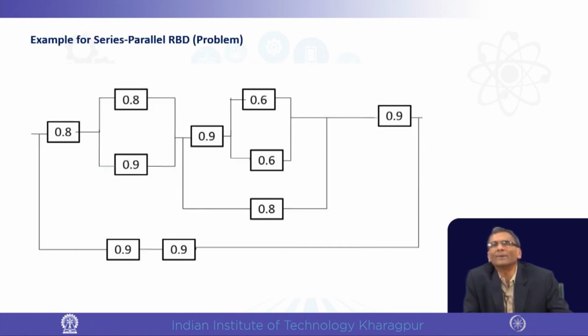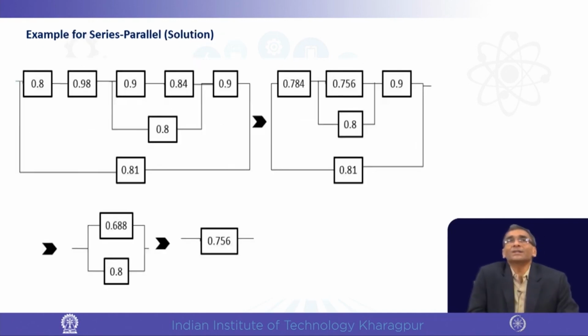Now, I will be closing today's discussion mainly after showing this example of a series parallel system, where within the blocks you will find the reliability values put in. If I ask you what is this system reliability, you would be using the formula you have just learned, the series and parallel. The solution is here.